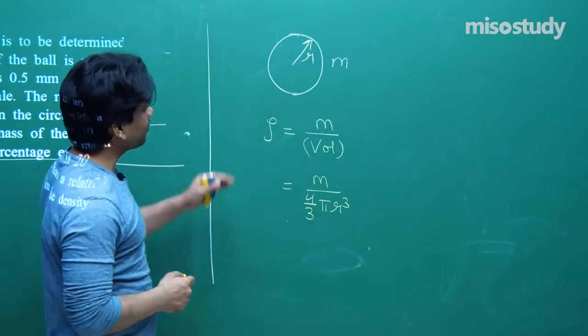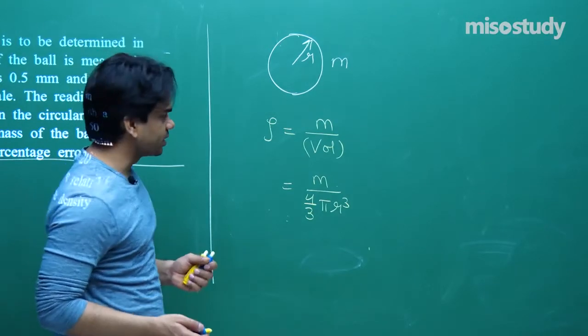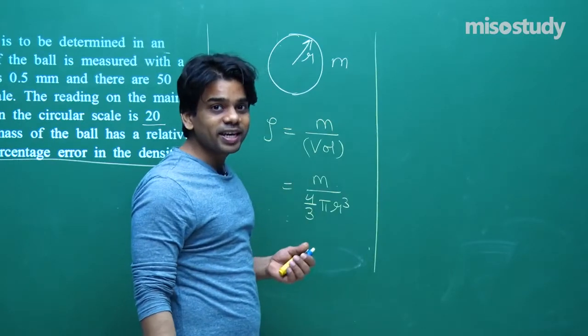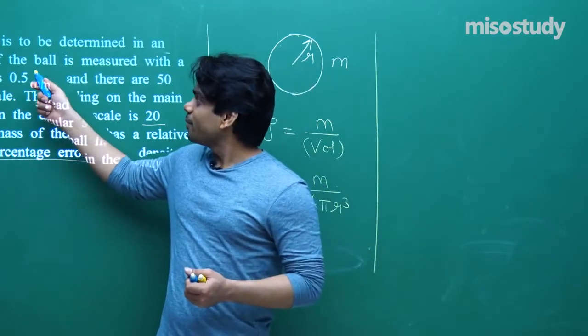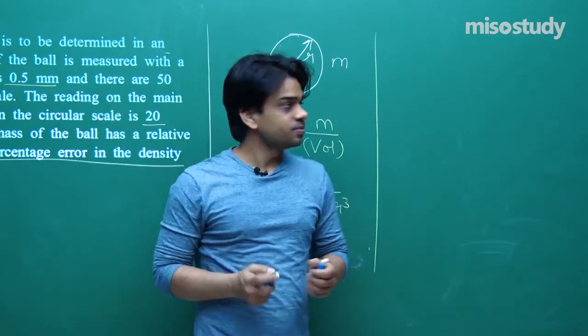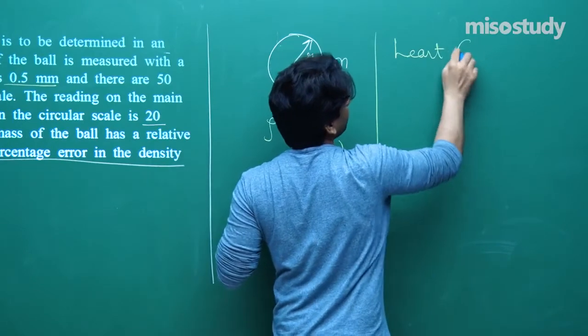Now you see here, it's given that the density is evaluated with the help of a screw gauge, and it's given that the pitch is 0.5 mm and there are 50 divisions. So we know the least count of the screw gauge. How to evaluate?